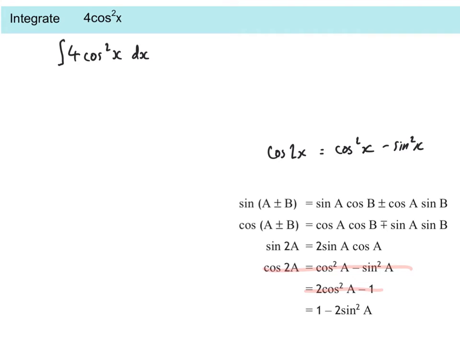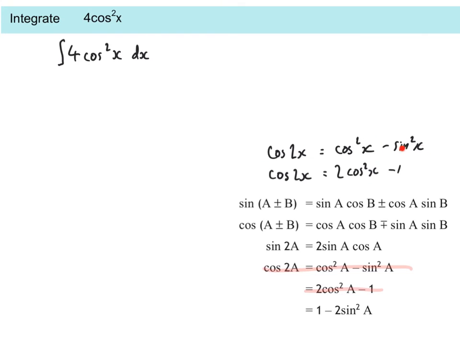So all I'm doing here is rewriting these without the a's. I'm using x's because I've got an x in my problem here. Or, using the other highlighted rule, I know cosine 2x is 2 lots of the square of cosine x minus 1. I could rearrange either of these to make the square of cosine x the subject.